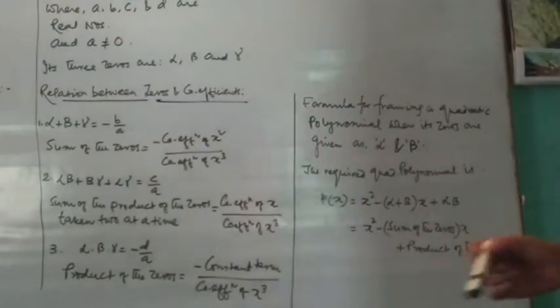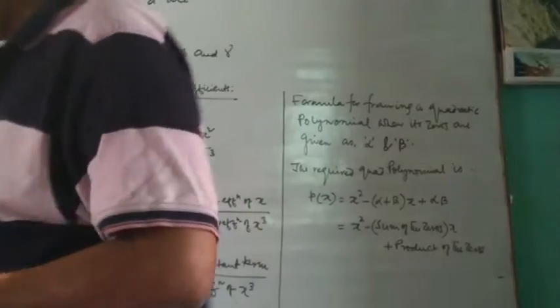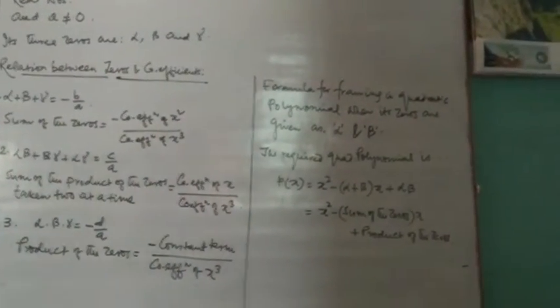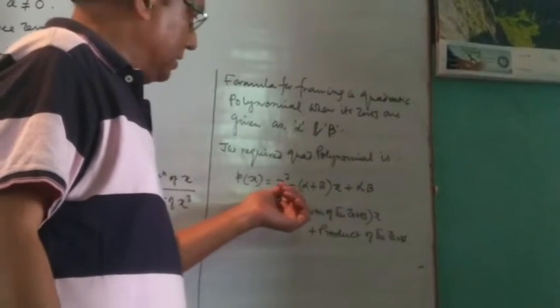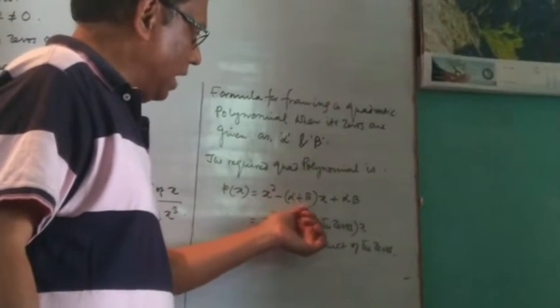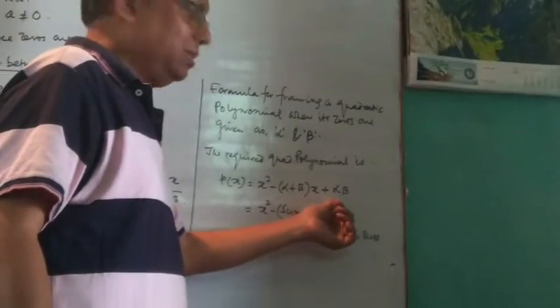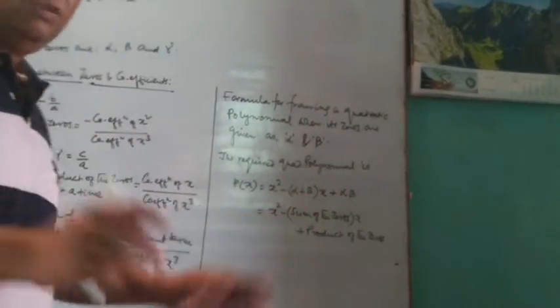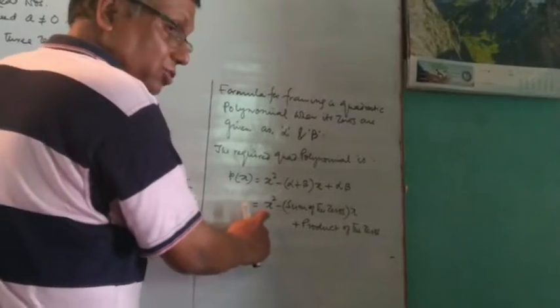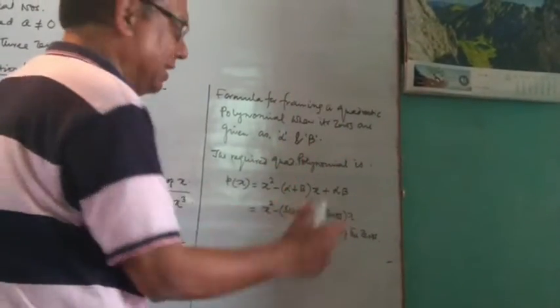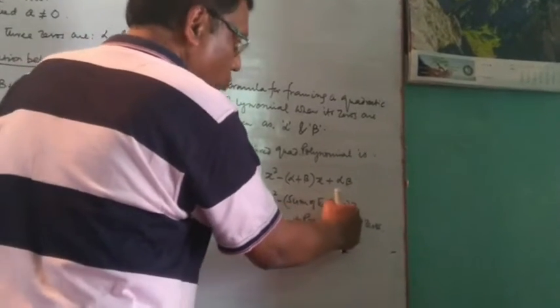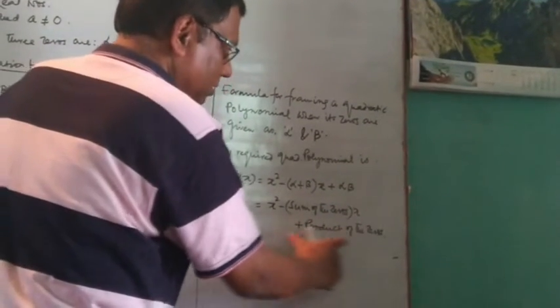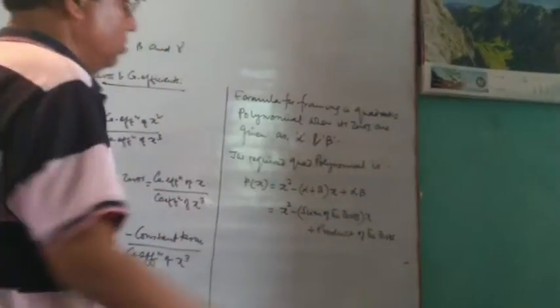If these two zeros are given to you and you are asked to frame a quadratic polynomial, your formula will be p(x) equals x square minus (alpha plus beta) into x plus alpha beta. In other words, you will write x square first, then a minus sign, then the sum of the zeros into x, plus the product of the zeros. So this formula you have to remember.